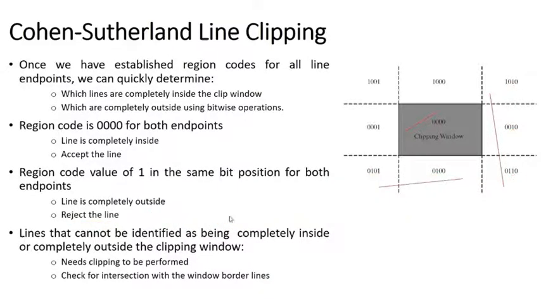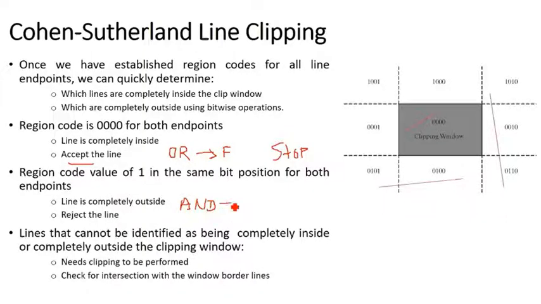So basically, to summarize, I perform the OR operation between the outcodes. If this gives false, then I accept my line and I stop my algorithm. If this produces true, I move forward and I apply the AND operation to see if I can reject this line straight away without clipping.